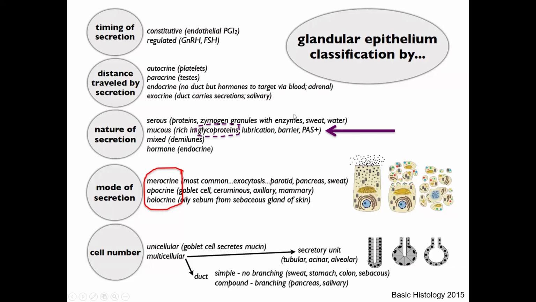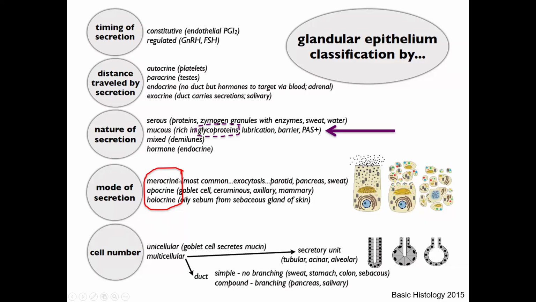The mixed acini contain some cells that are serous cells and produce a serous secretion, and others that are mucous cells. The serous cells are usually distributed at the periphery of the secretory units. And then there is the hormonal secretion that I've discussed already.